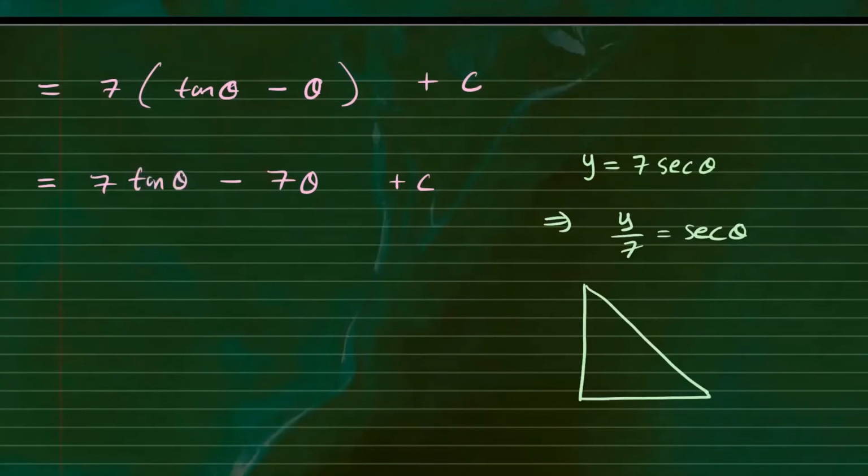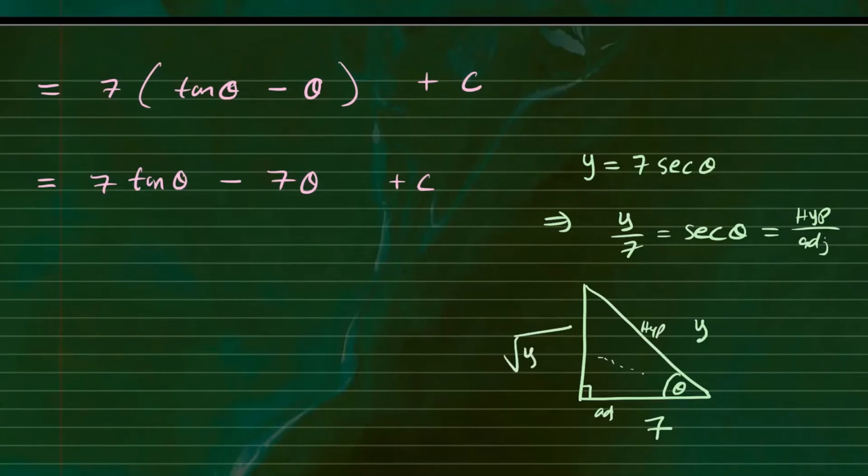So let's suppose theta is here. It's an acute angle. The ratio for secant is hypotenuse over adjacent. So if this is your opposite length, this is the adjacent, and this is your hypotenuse, this would be y, this would be 7, which means the opposite length has to be hypotenuse squared minus adjacent squared.